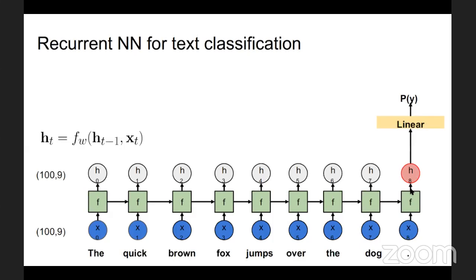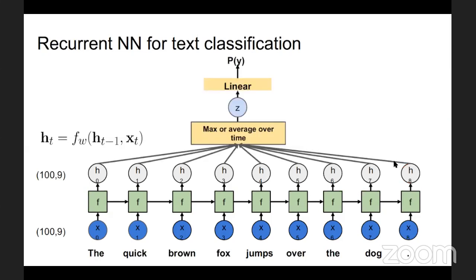Now you can apply a linear layer over it to get, let's say, a label out of it. Okay, this representation will capture the sequence in which we are seeing the sentence, or you can do a kind of averaging of all the hidden representations that you have got till now, and then apply your linear layer over it.